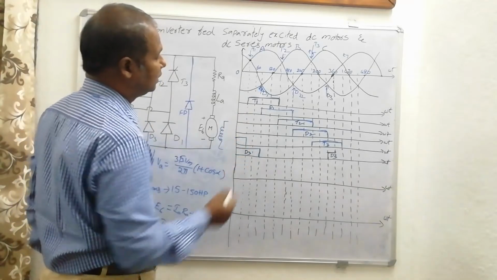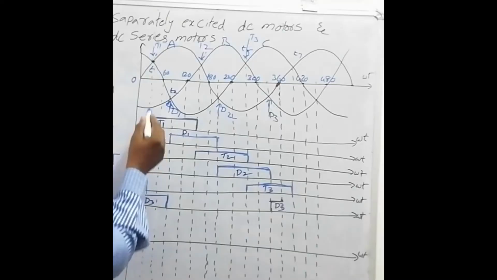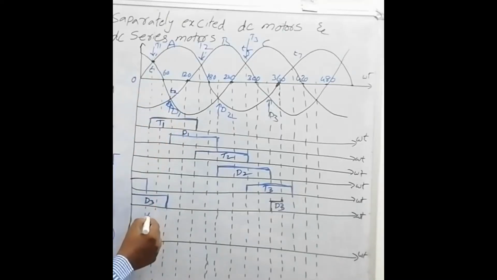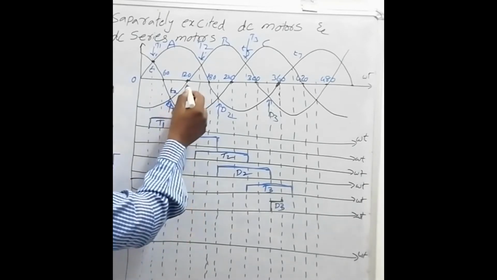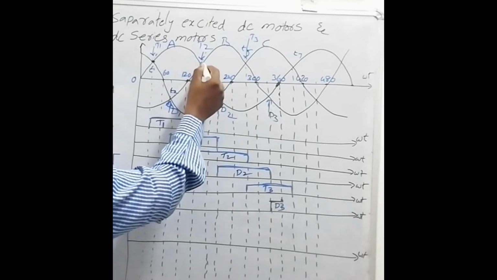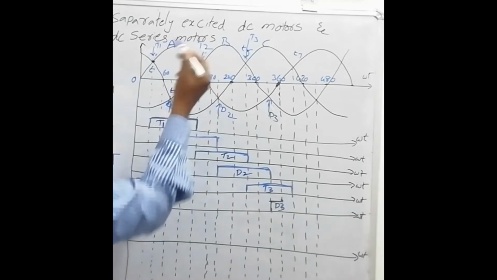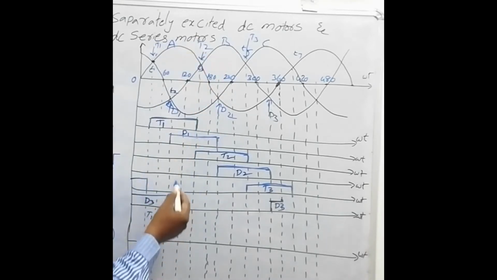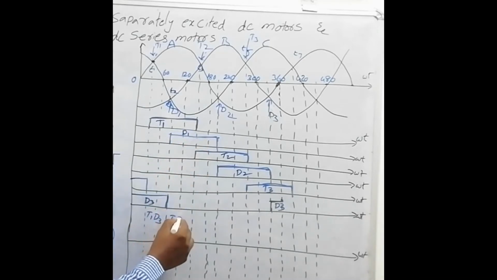So you have to analyze the waveform from T1 to T2. D3 conducts. Next, T2 to T3, D1 conducts.